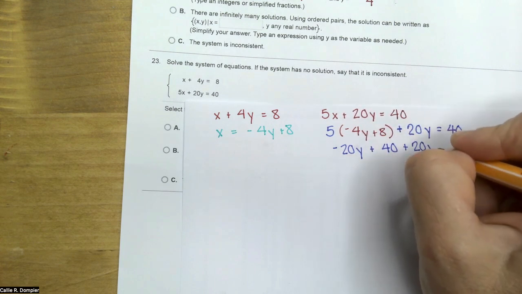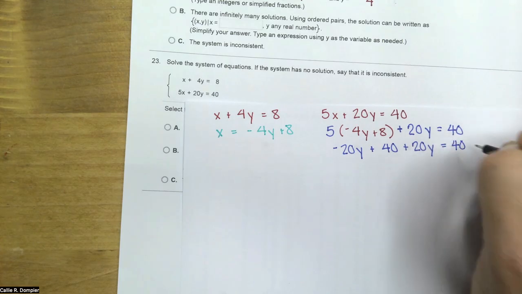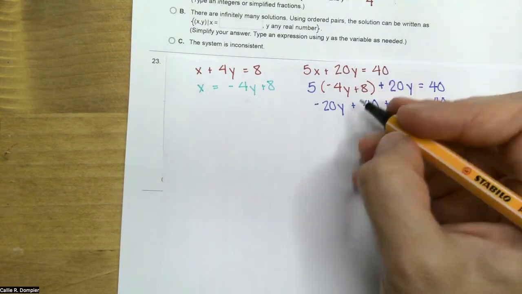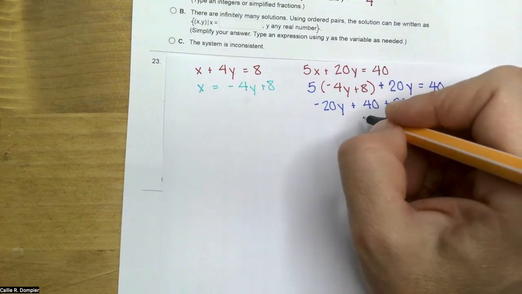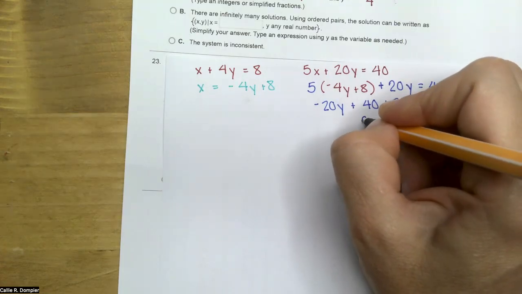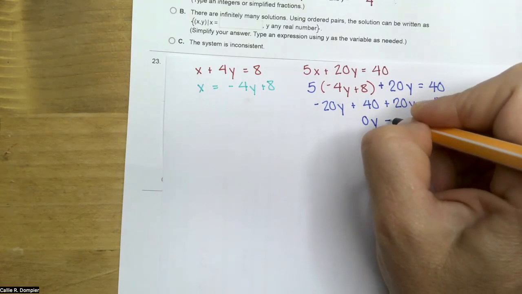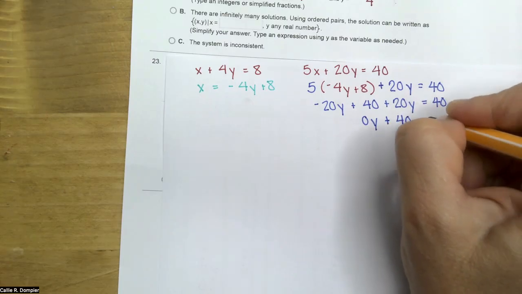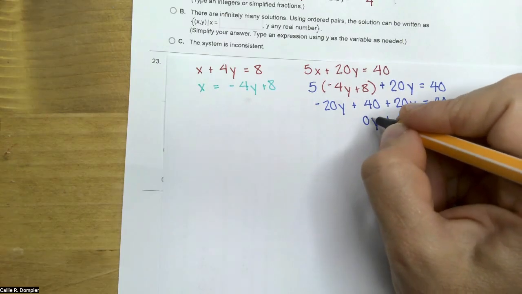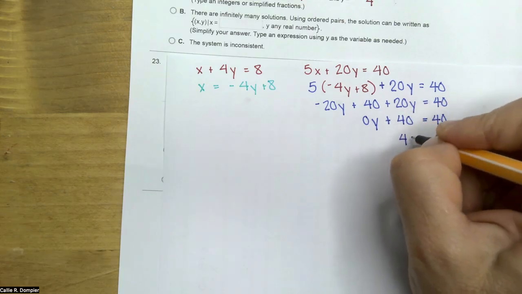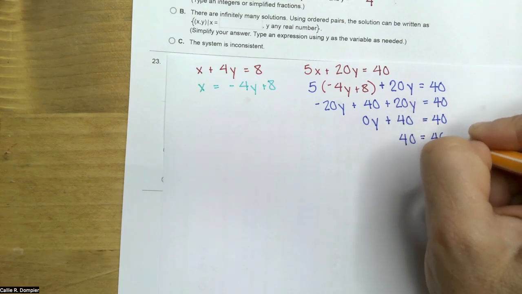Plus 20y equals 40. Good. Now I've got negative 20y plus 20y knocks out my y, so I have 0y plus 40 equals 40. Good. 0y just goes away and I have 40 equals 40.